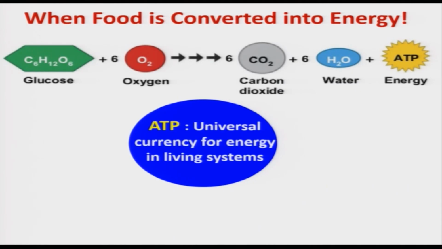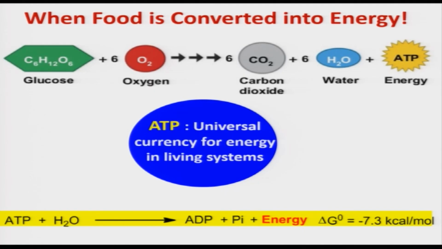Whenever the system needs energy, it just hydrolyzes ATP, converting it to ADP, adenosine diphosphate, plus inorganic phosphate, and then releases a huge amount of energy which we utilize for our day to day activity.